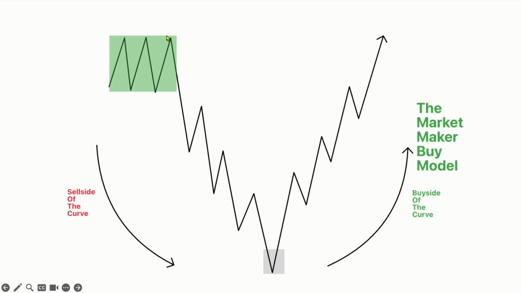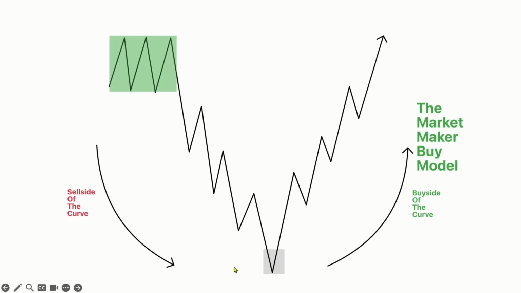The market then expands lower, and it retraces and expands lower. This whole leg lower right here, where we see expansions followed by retracements followed by expansions, is what we call the sell side of the curve. This sell side of the curve lasts until the market reaches a very specific POI, our point of interest. This is where our smart money reversal takes place.